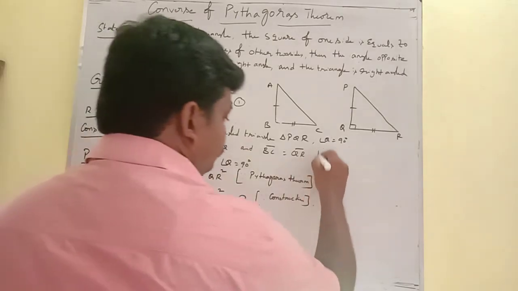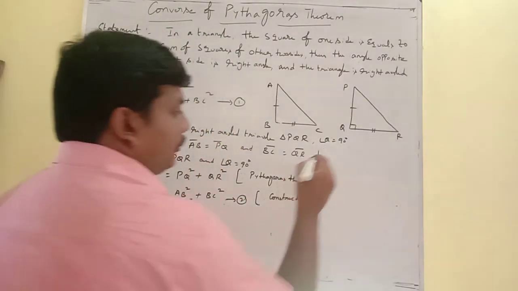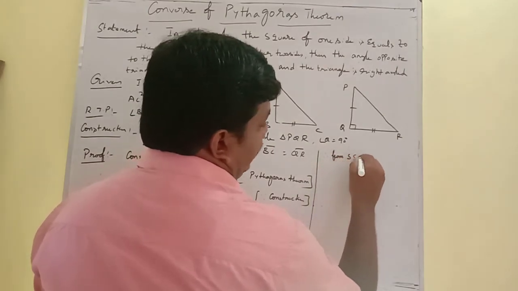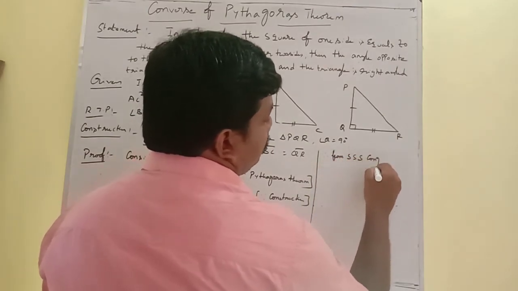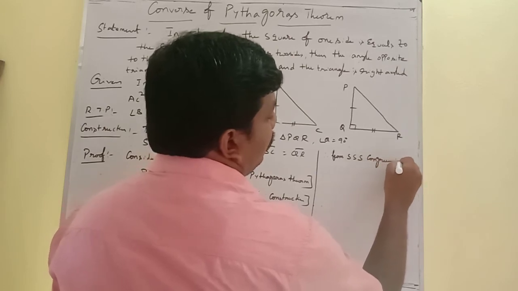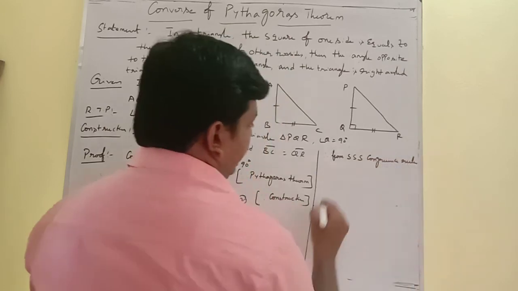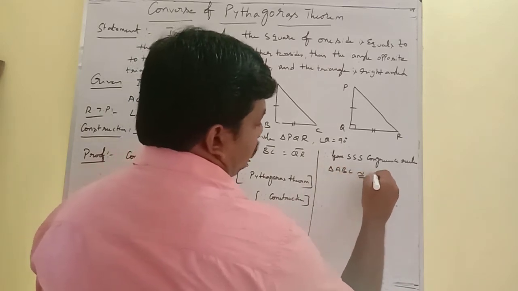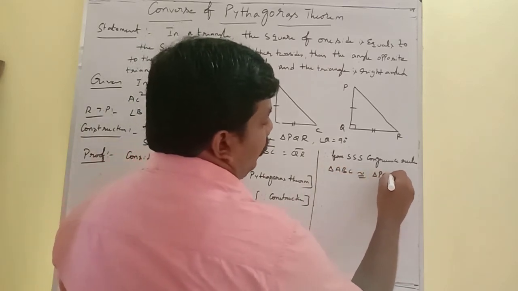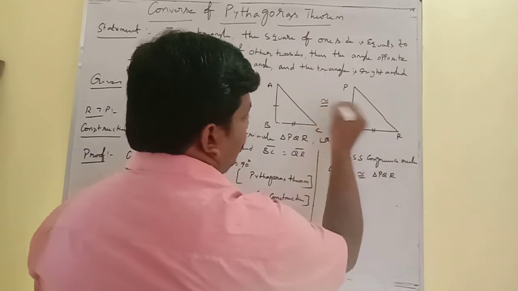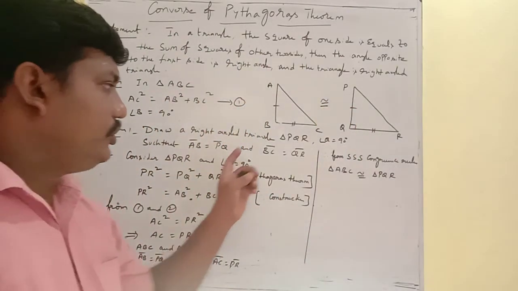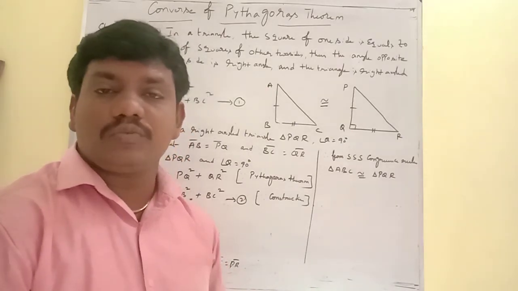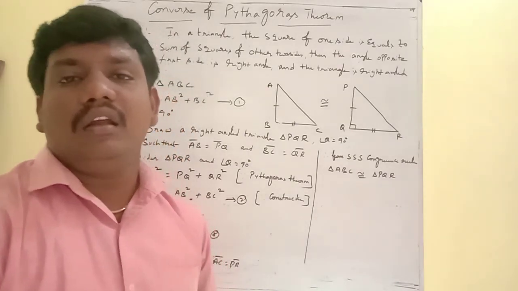Therefore, from the side-side-side congruence criterion, triangle ABC is congruent to triangle PQR. Now both triangles are congruent, and in congruent triangles, corresponding parts are equal.